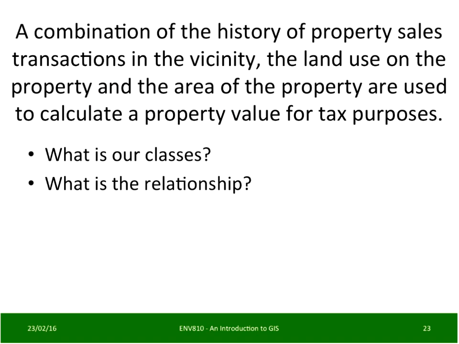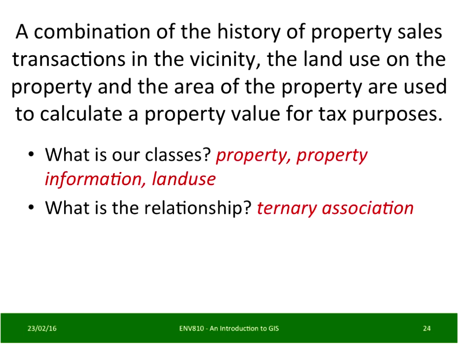So we say that a combination of the history of the property sales transactions, the land use, the area of the property, and all those things are used to calculate the value of the property for tax purposes. So what we did here, we use property information, which is a new class, and then land use, which is a new class.